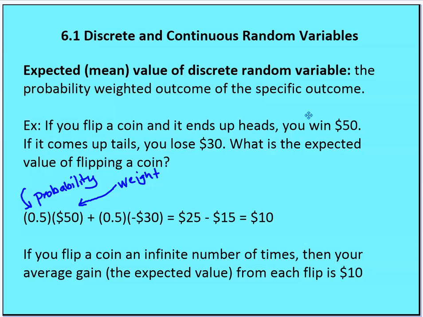But overall, as the number of games progresses, they end up with an expected value outcome that ends up being, in the limit, the value that they earn for each event. All right, so basically what this says is if you flip a coin an infinite number of times, then your average gain, the expected value from each flip, is $10.